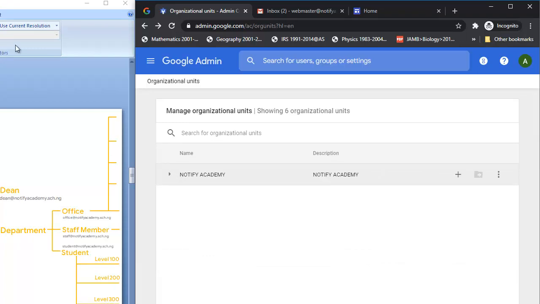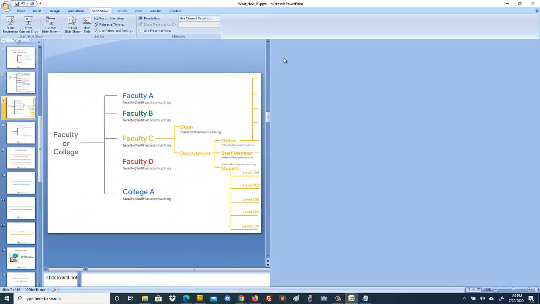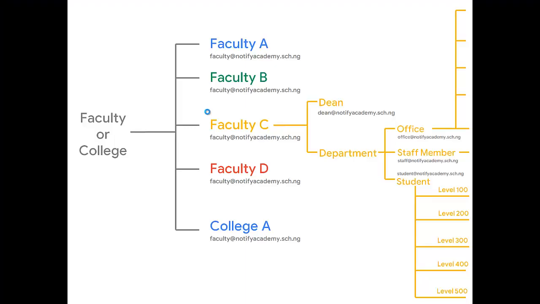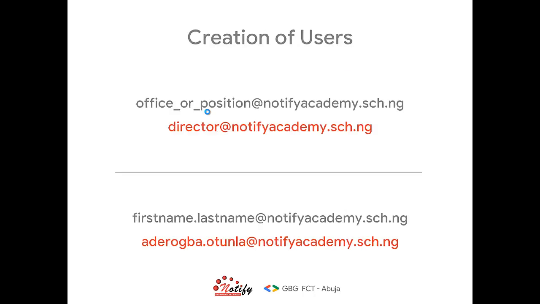So let me move on with the presentation. Let's say you're done creating everything, and you now want to create users. Let me show us the methods that can help you if you're dealing with a highly populated school institution, to reduce errors. You could have something like the office and position, such as director or VC, and you can also have staff members and others.